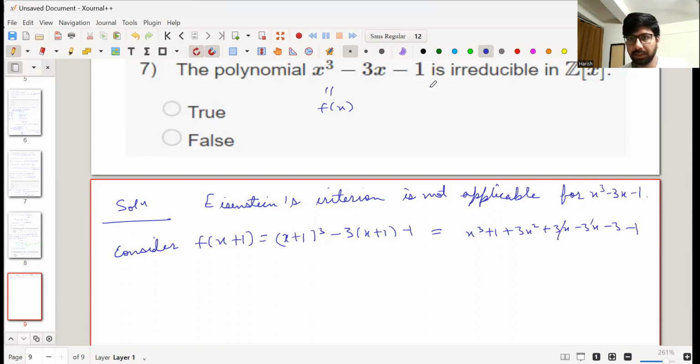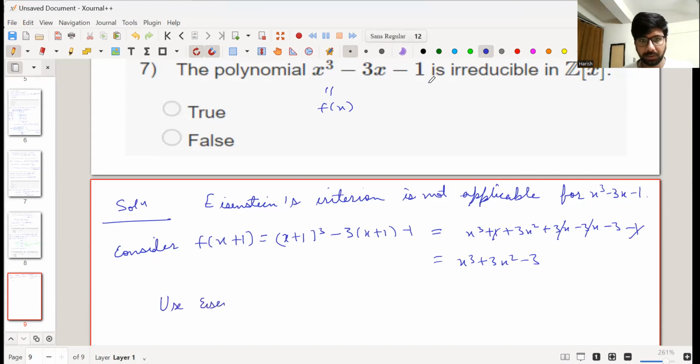So 3x and minus 3x get cancelled, and 1 and minus 1 get cancelled. This is x cube plus 3x square minus 3.